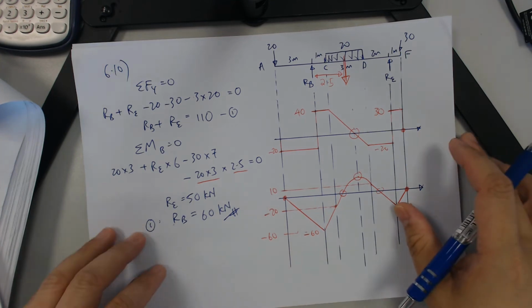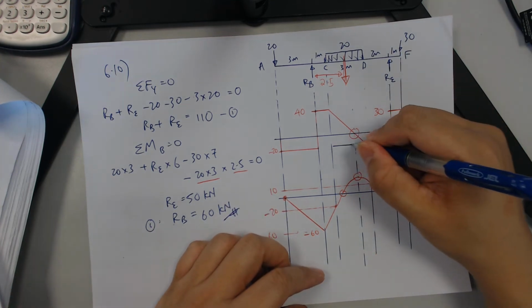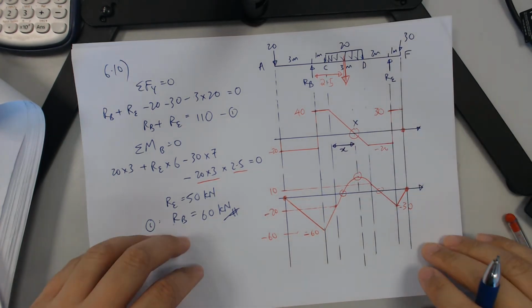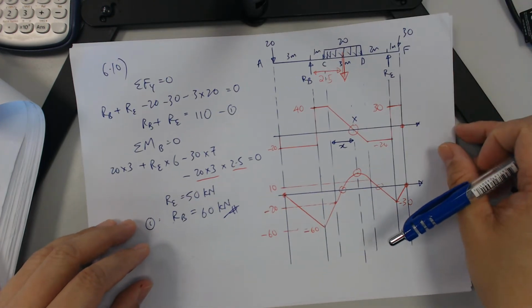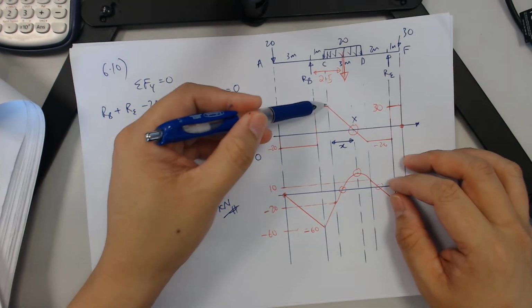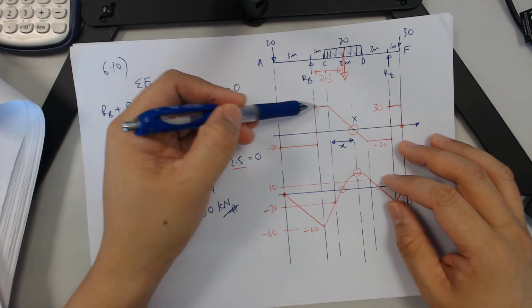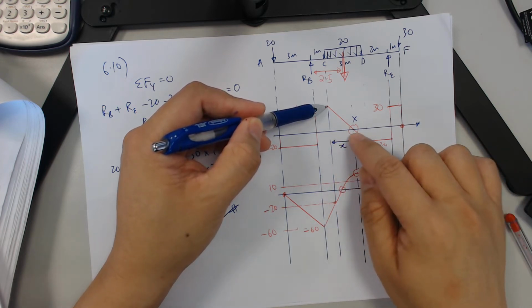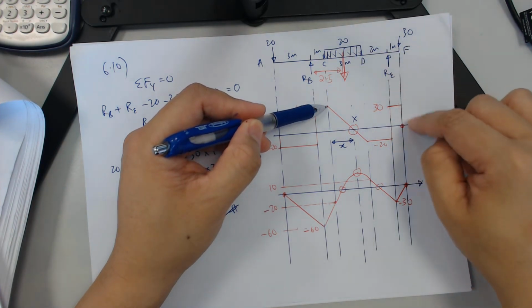Okay, so let's find the 0 shear first. As usual, I will call this distance x. Okay, and this location is x. Okay, and going by, you see, when it is at C, it is at 40 shear force. Okay, how much distance do I need to travel under the constant UDL of 20 for every meter?